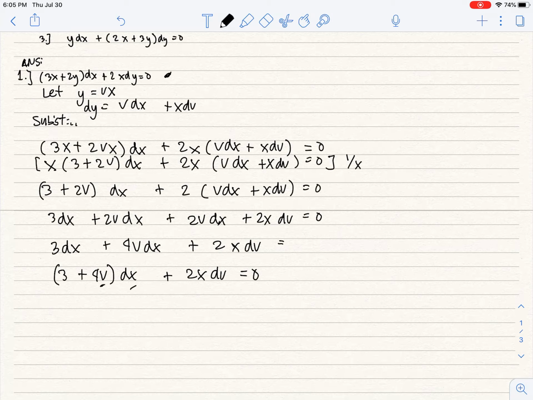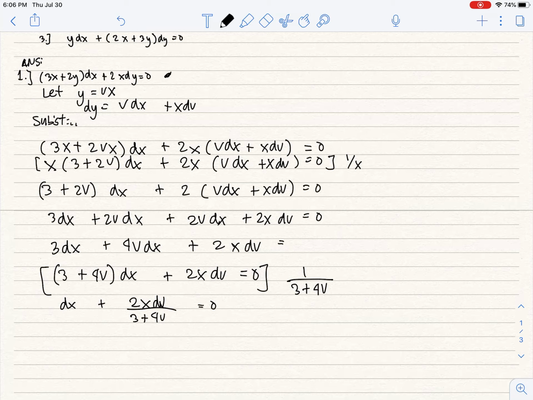So in order to separate those variables, just multiply by the reciprocal of this, which is 1 over 3 plus 4v. So gi-multiply na to siya sa iyang reciprocal kay para kani ma-cancel out and then kani mabalin dra sa ubos. Okay? So this is now dx plus 2x dv over 3 plus 4v equal to 0.